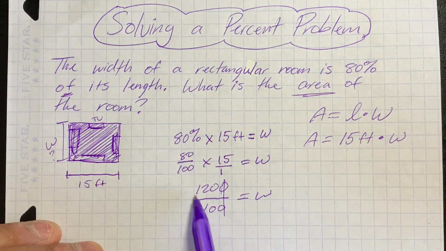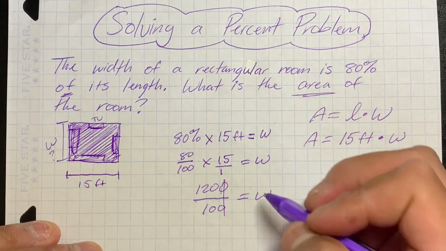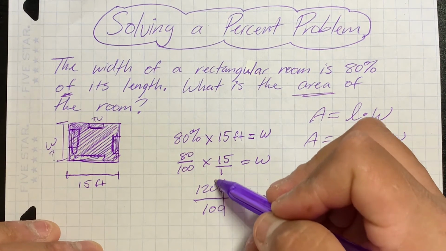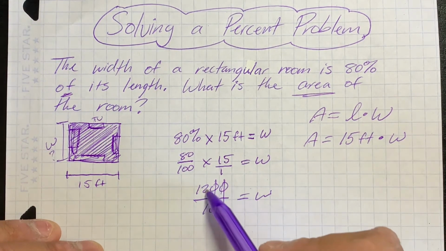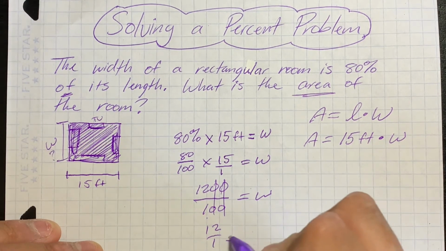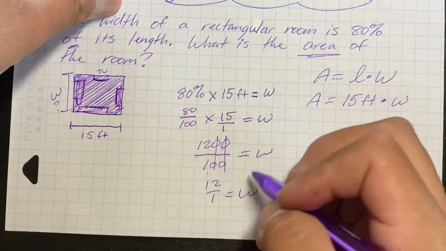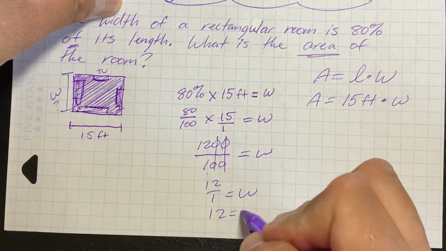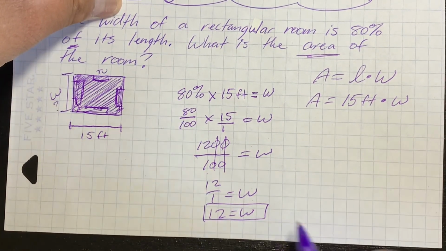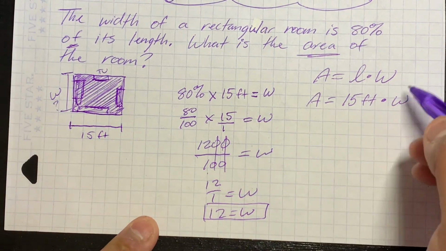So in reality I'm going to be basically dividing 120 by 10. Oh, there's another zero I can cross out. Boom. So in reality you have 12 over 1. So 12 over 1 is just going to be 12. The width is going to be 12. So that 12 feet equals W.